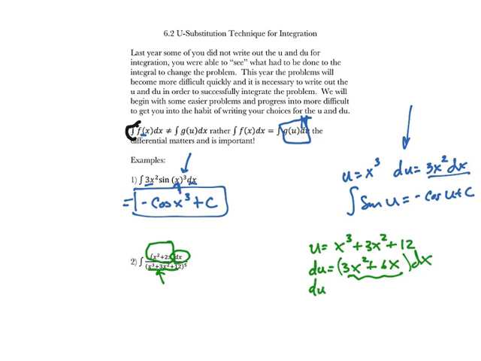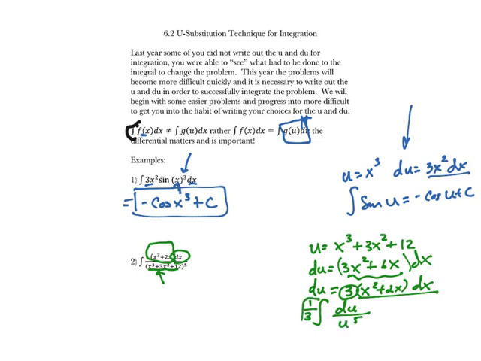But this x squared plus 2x is a little different than what I have here. So let's see. I see a common factor of 3, so if I take that out, I have x squared plus 2x dx. So when I rewrite my integral, if I write du on top, that's all of this, plus this 3. Well, I don't want the 3 there, so I put a 1/3 out front, and then on the bottom I have u to the 5th.